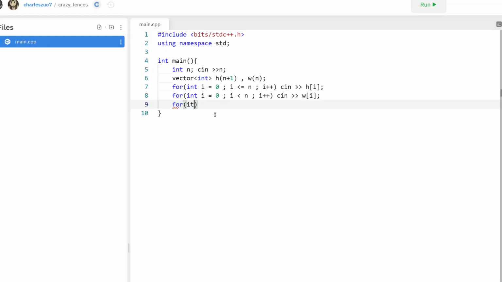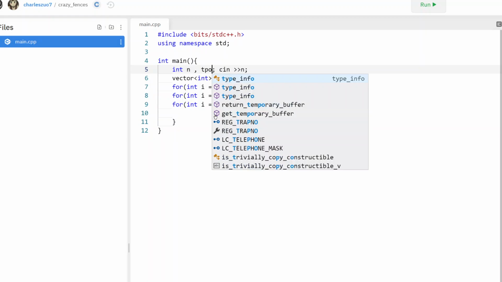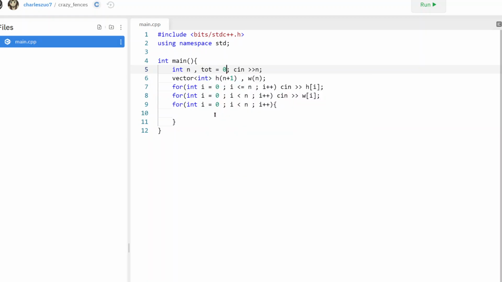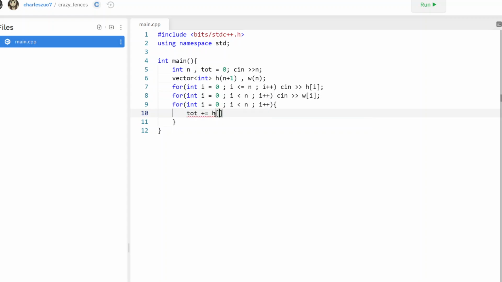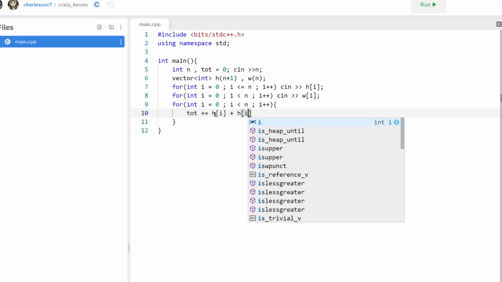So let's loop through. We'll create a variable to store the total area. Okay, let's make a variable here. tot equals 0. So tot plus equals h[i] plus h[i+1].